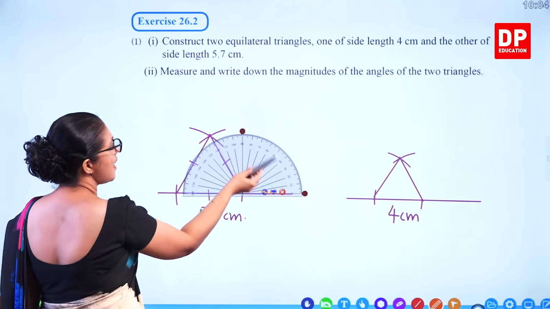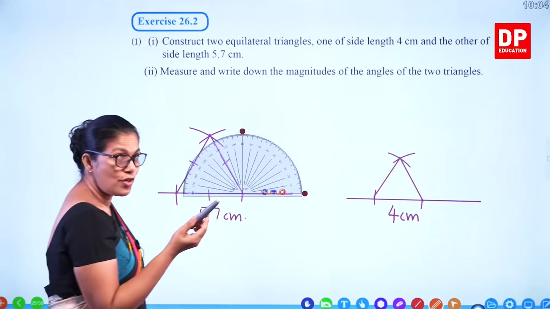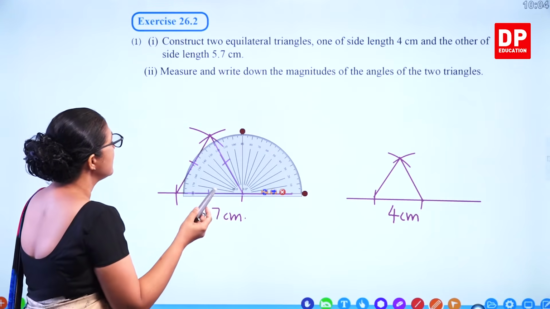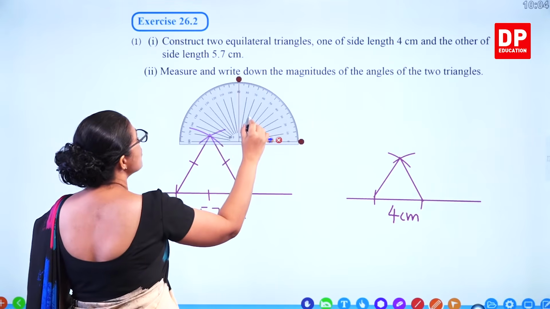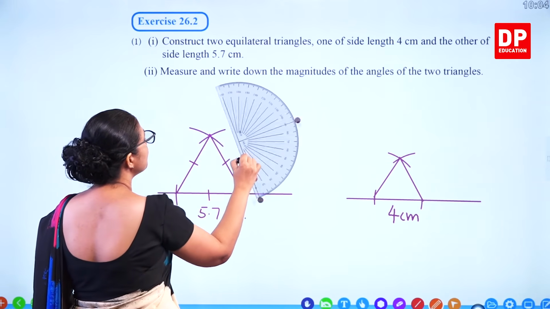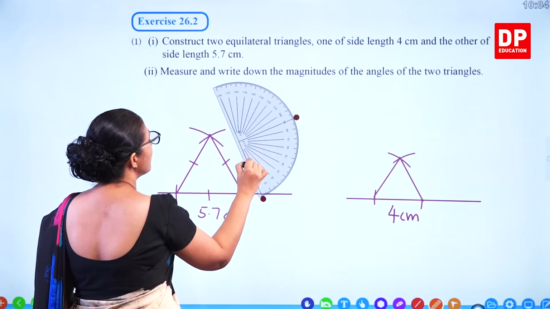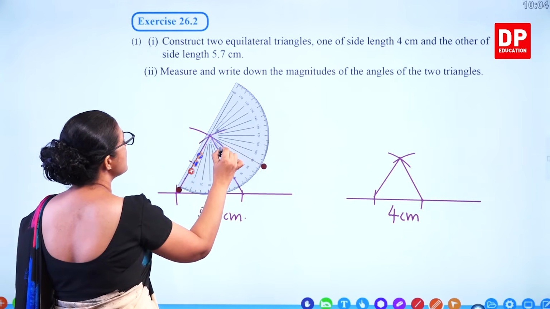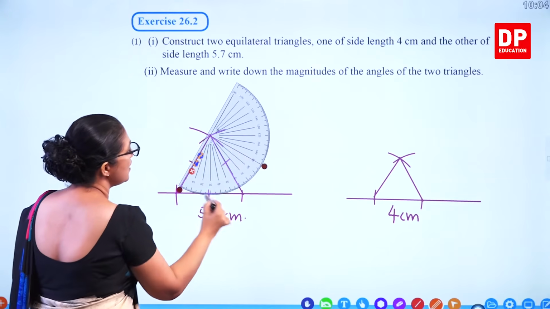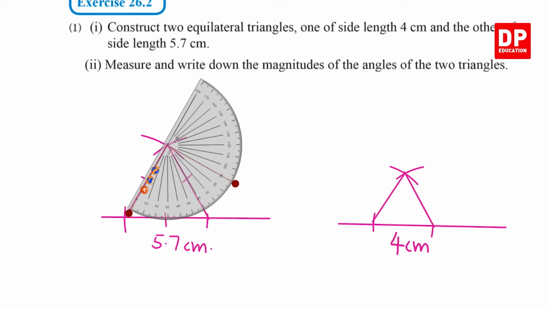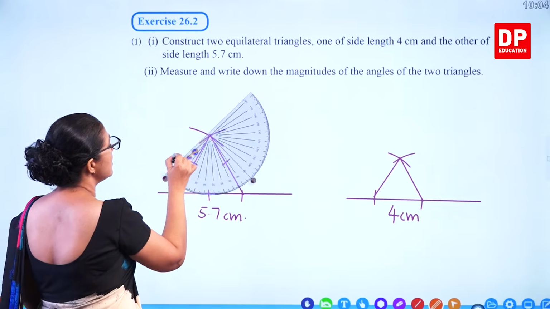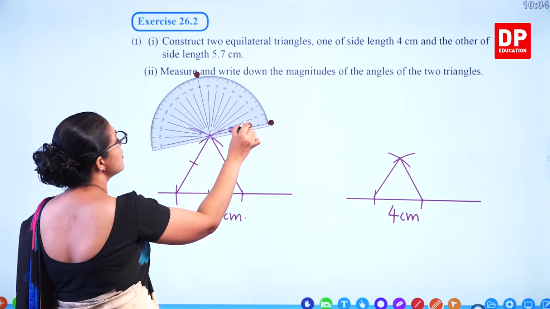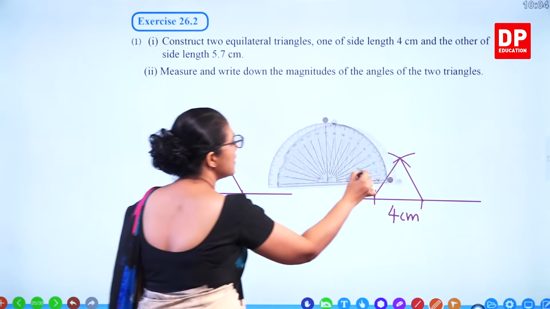Here, this side 120 means this is also 60 degrees. And you can check from this side as well. That's also 60 degrees.